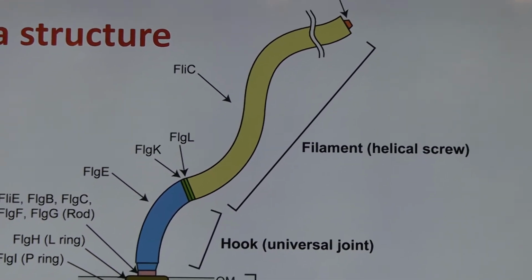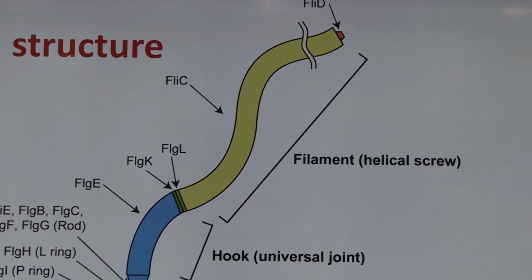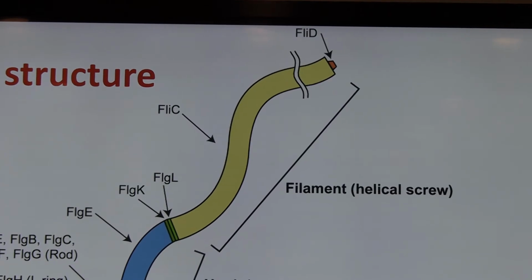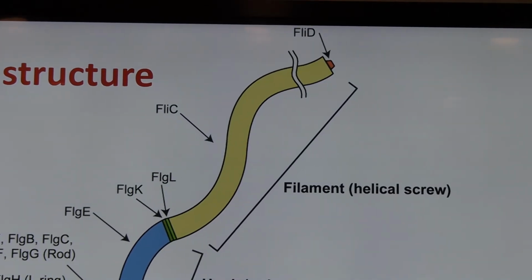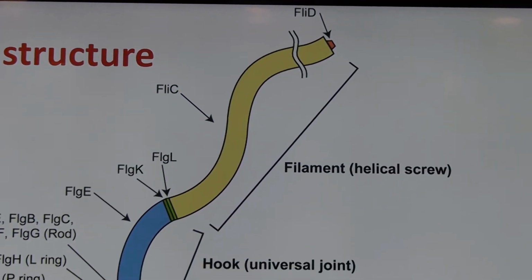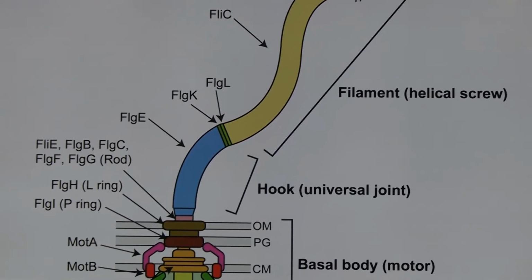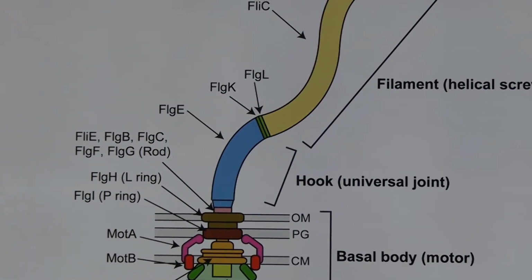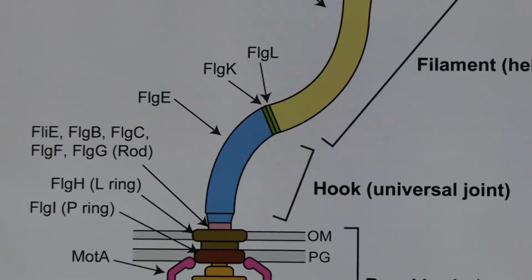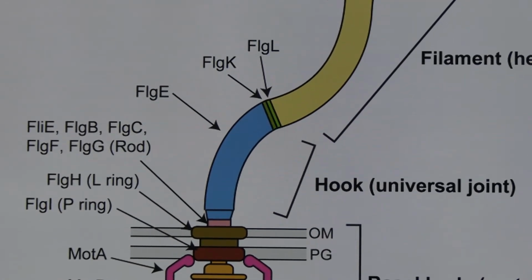It consists of proteins named flagellin. And the blue part is called the hook. It is basically a universal joint connecting the filament to the cell.